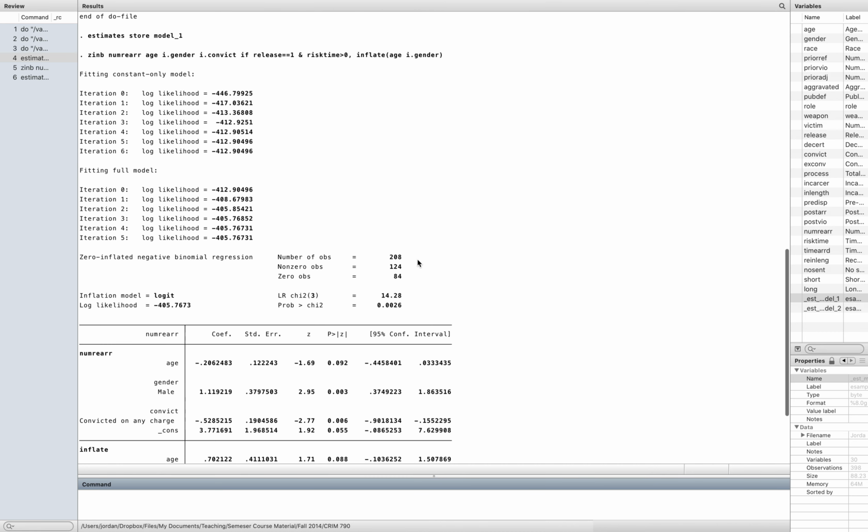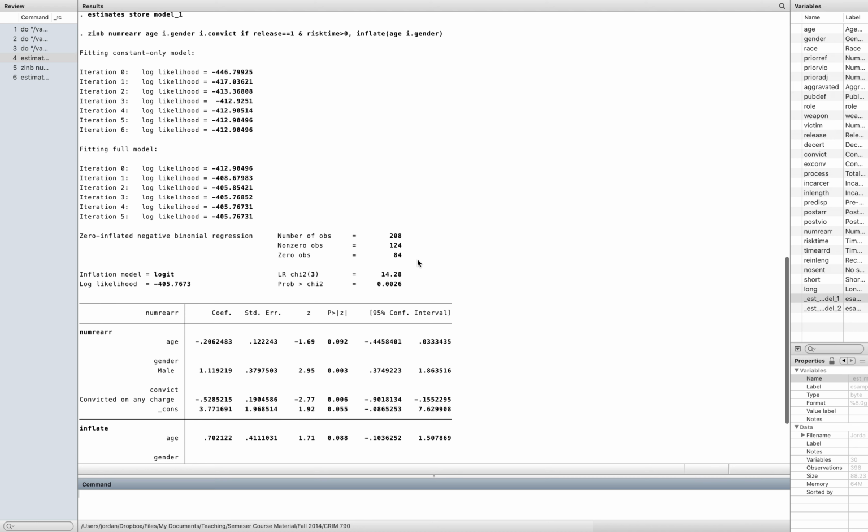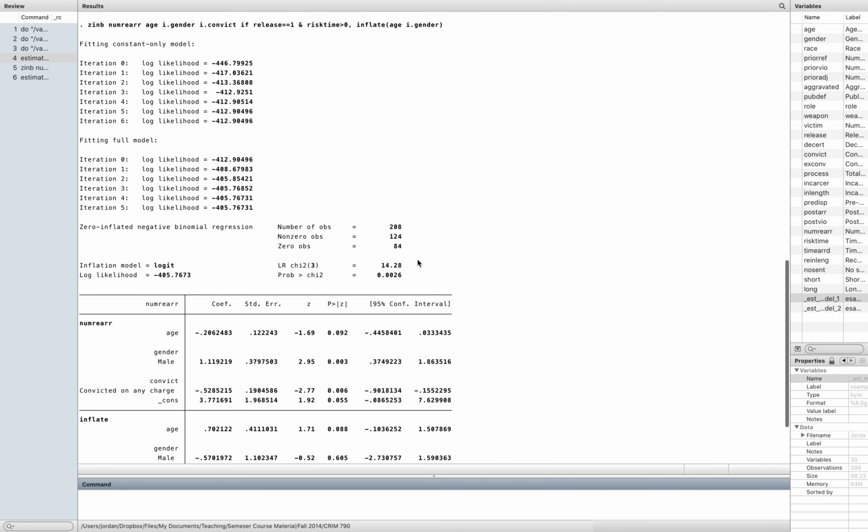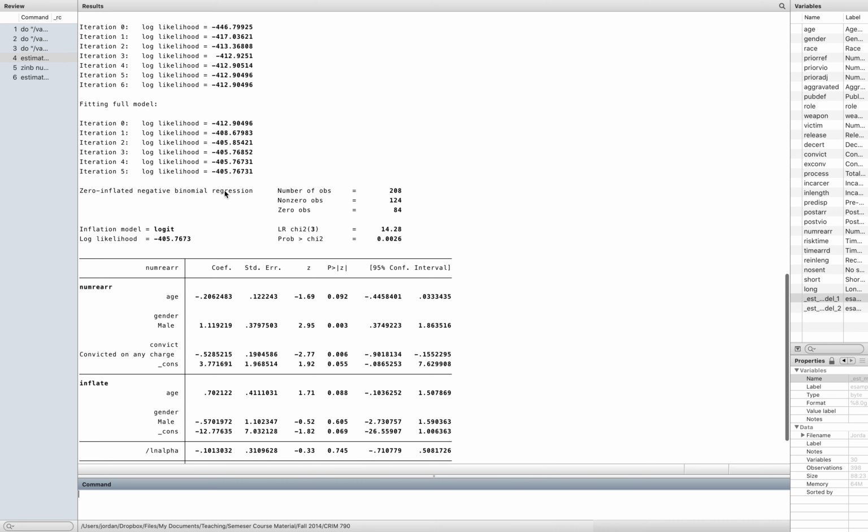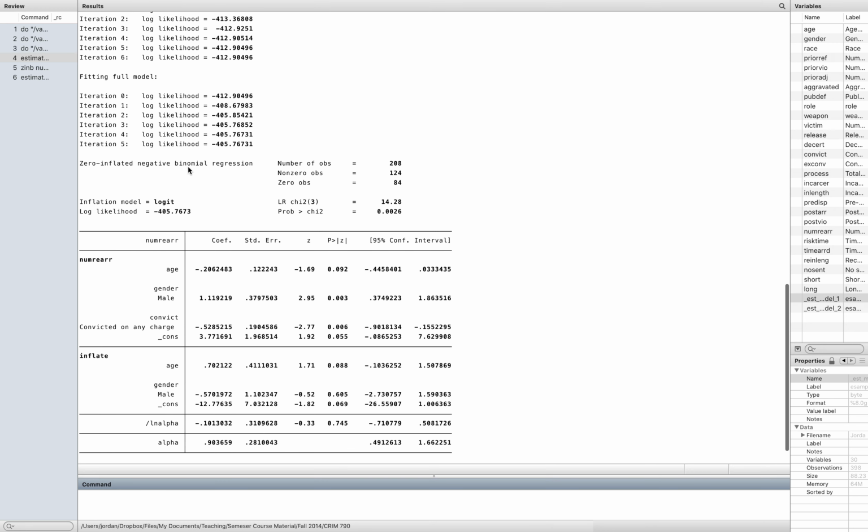Okay, so let's talk about what we see here. You've got zero-inflated negative binomial regression. You've got the number of observations, but it tells you the number of non-zero observations and the number of zero observations. So you see, of the 208 that's in the sample, 84 of them are zeros. That's a pretty high number.